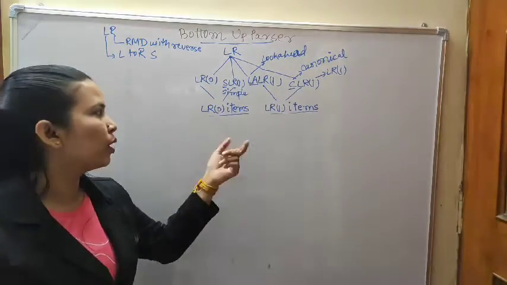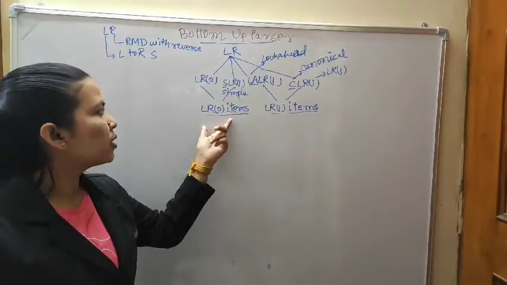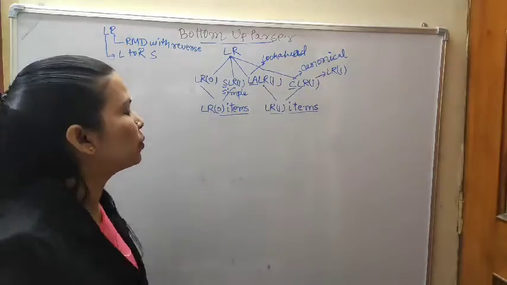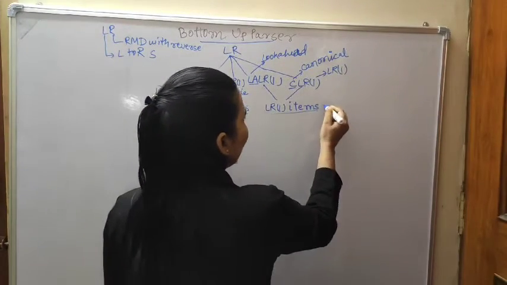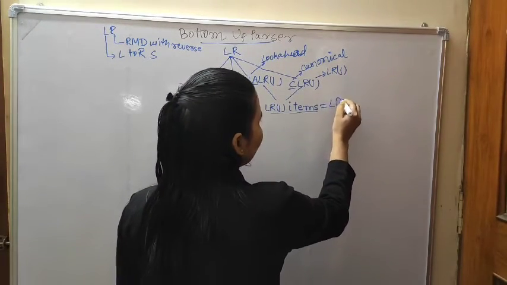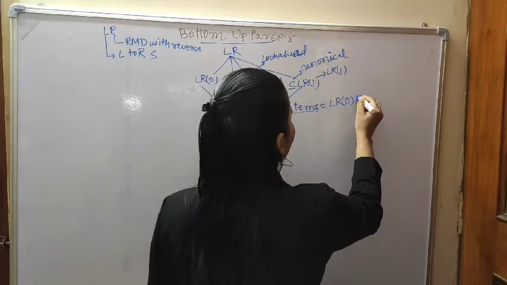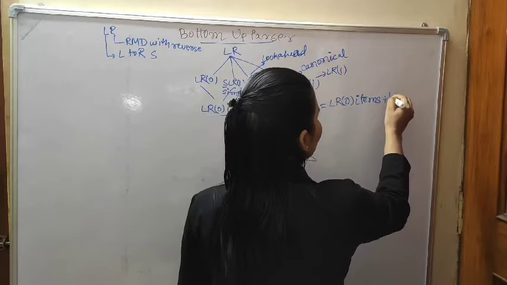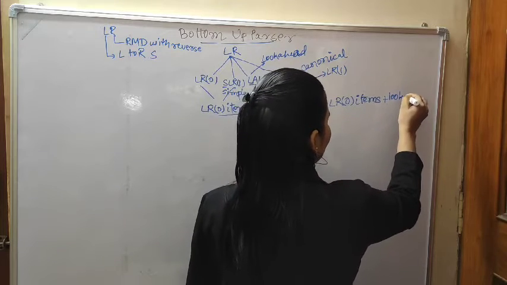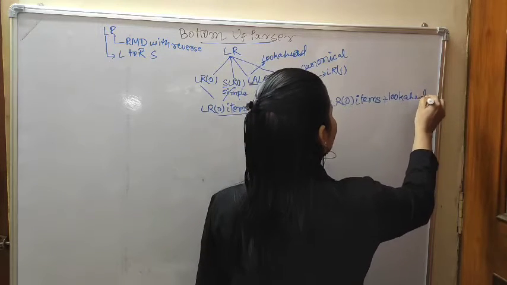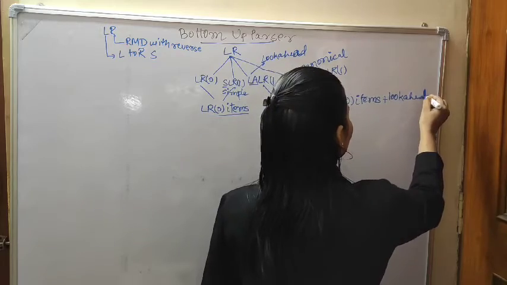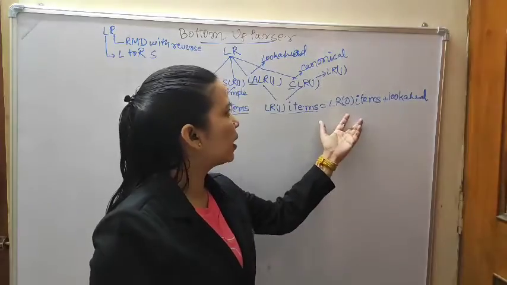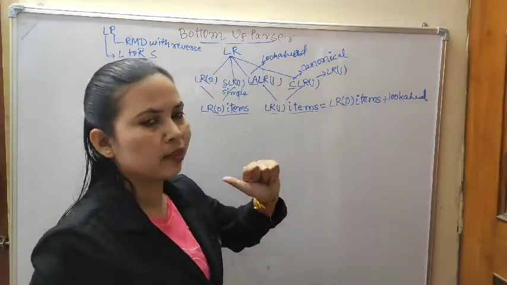The parser tables are different, but the canonical set of LR0 items is the same. And which is called LR1 items? LR1 items are LR0 items plus look ahead. Here we give the look ahead symbol.